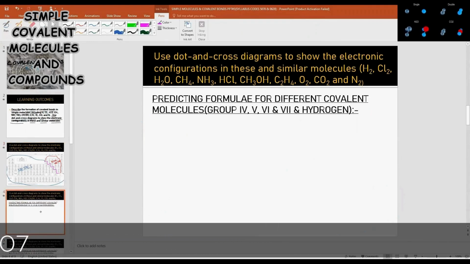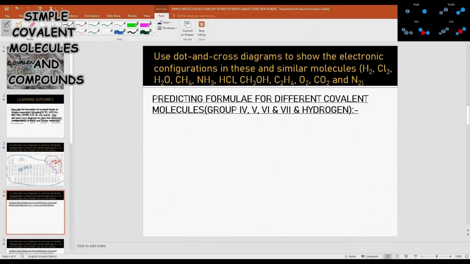In this video, I will show you how you can predict the formula between different group elements and hydrogen this time. The valency of hydrogen is -1. The symbol is H, its valency is always -1. There's other valency also, it can be either -1 or +1, but we'll consider it as -1.